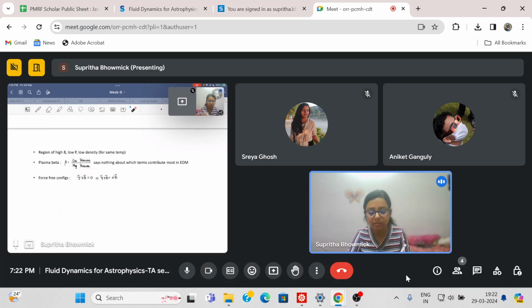And J, if you remember, was curl of B. So if curl of B is parallel to B, then J cross B is 0. If you have fluid flows immersed in magnetic field configurations such that curl of B is parallel to B, then the Lorentz force on such fluids is 0. These are force-free flows, force-free configurations of magnetic field. Okay.